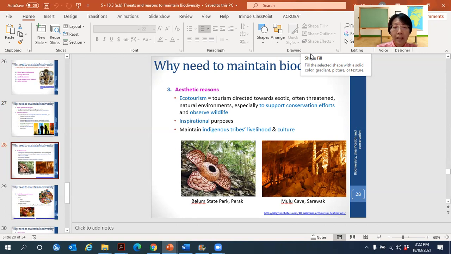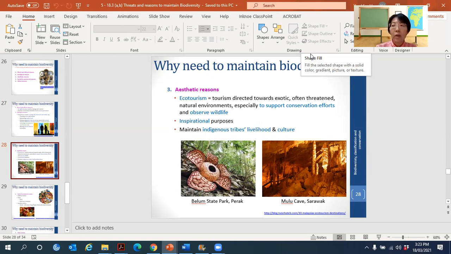Another aesthetic aspect is that you can make the place a site for ecotourism. Ecotourism means tourists go there to look at the nature of the ecosystem. With that, you can protect the place as well as earn some money, because they have to pay maybe tax.